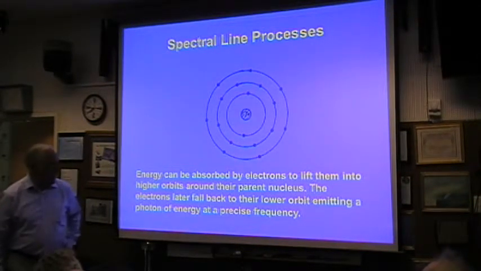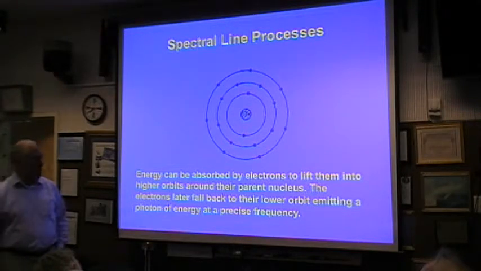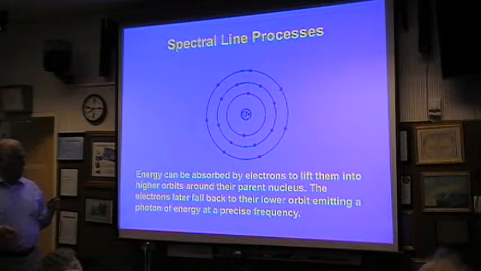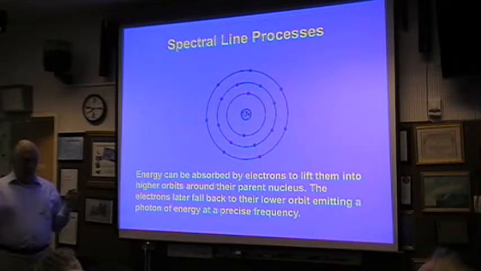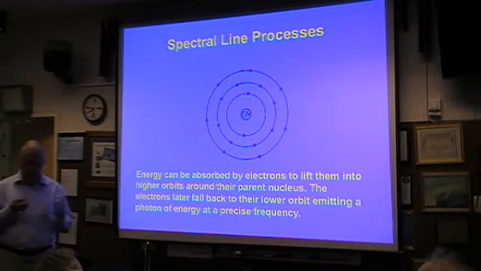The spectral line processes occur when energy falls on an atom and sends an electron into a higher orbit, and then when it drops back to its lower, more stable orbit, a photon of energy is emitted.